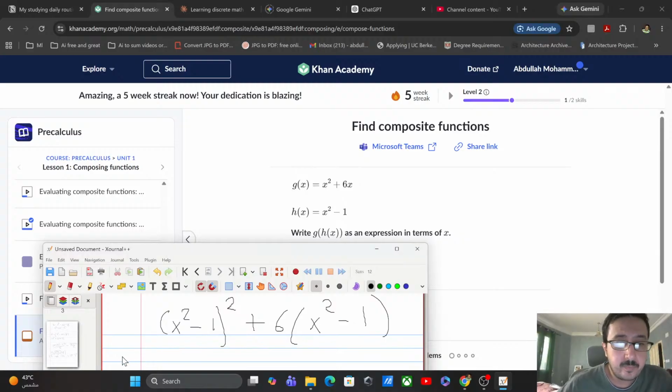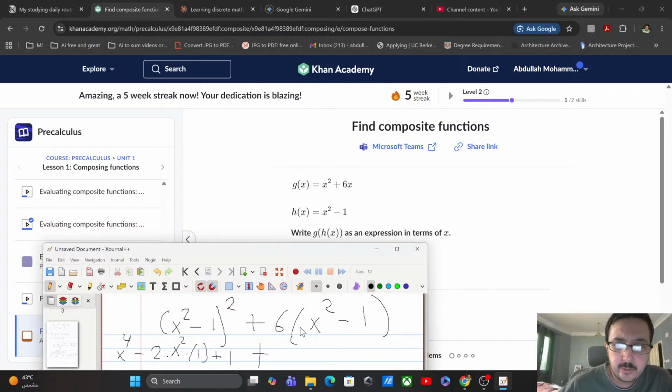So it's x to the power of 4, minus 2 multiplied by x squared multiplied by 1, plus 1 squared, that's a 1. And here we get a big plus, and I got 6.